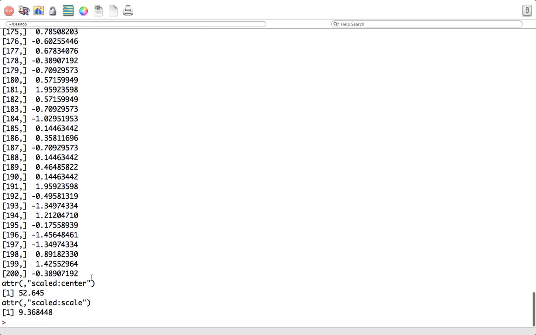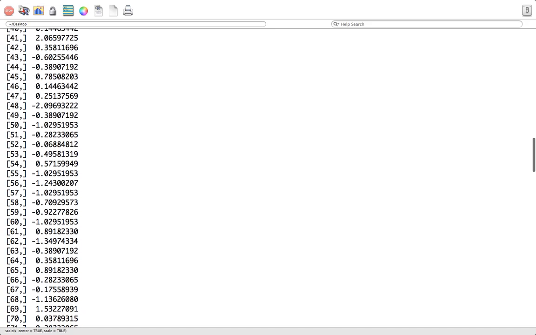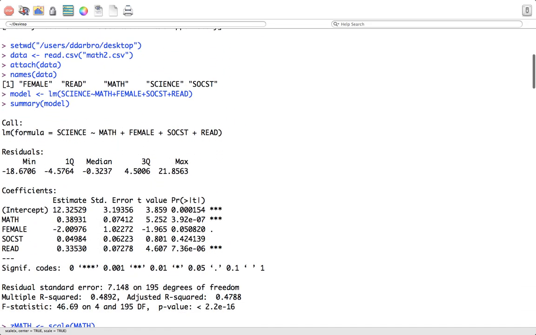So to replicate what happened in SPSS, I could create a model 2. So I could go scale of my y, which is, I forget, is read, right? Let's just copy.